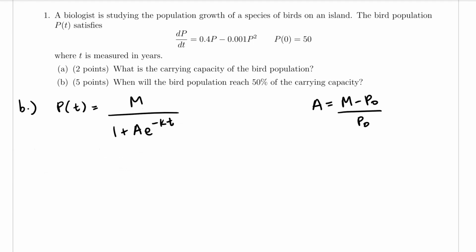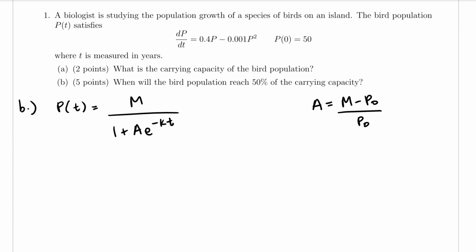So I've gone ahead and written the formula for the solution to a logistic differential equation, and we have P of t is equal to capital M over 1 plus capital A times e to the negative kt power, where capital A is equal to capital M minus P naught over P naught.